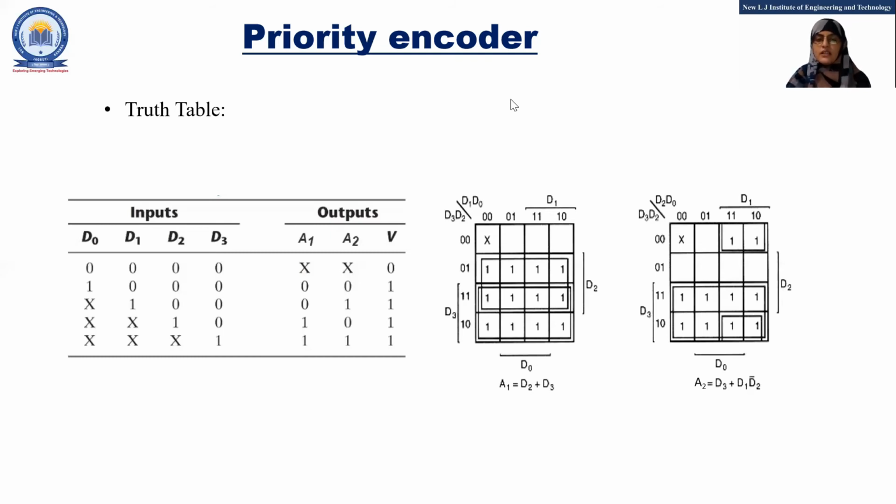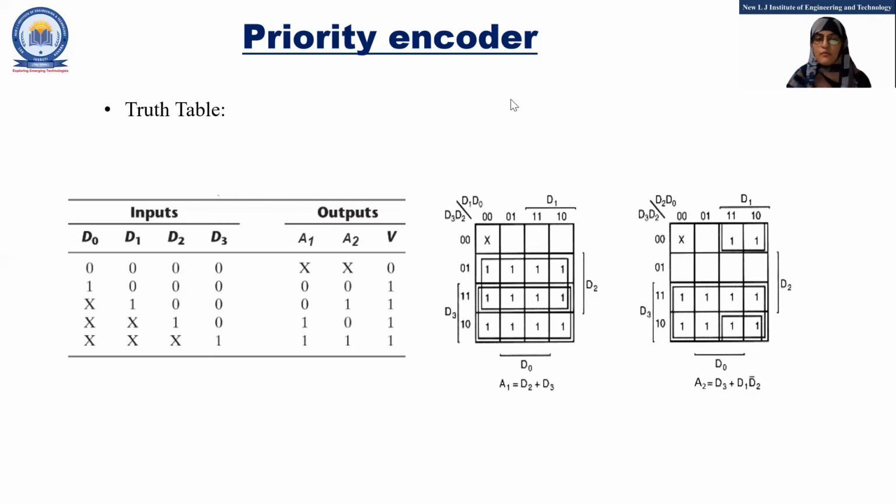Here we will make the K-maps for the outputs A1 and A2. For the input condition 0, 0, 0, 0, A1 will be don't care. For the input condition 1, 0, 0, 0, A1 will be 0. For the input condition don't care, 1, 0, 0, where D0 is don't care, it will give combinations 0, 1, 0, 0 and 1, 1, 0, 0.